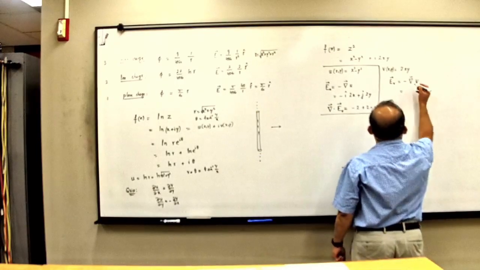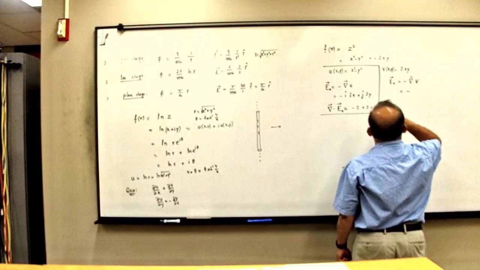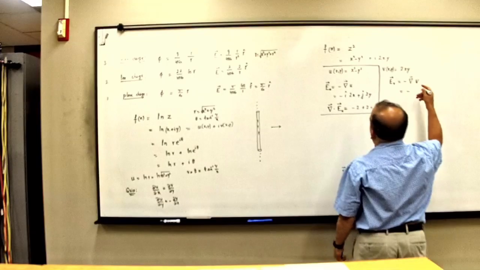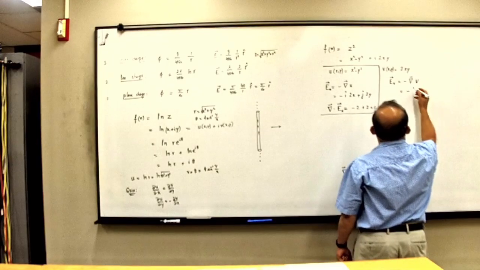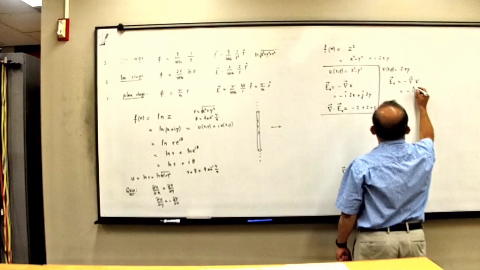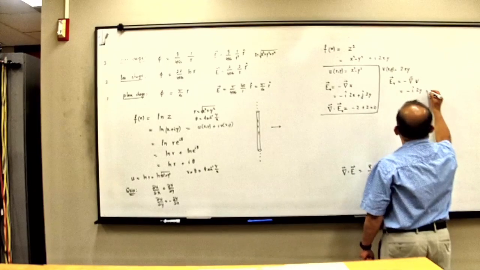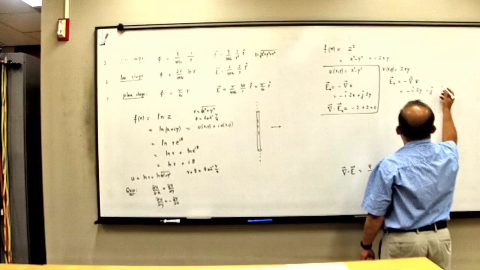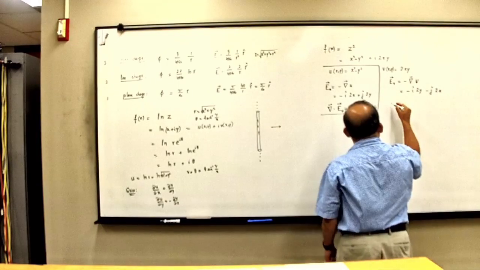That's equal to minus i hat 2y and minus j hat 2x.